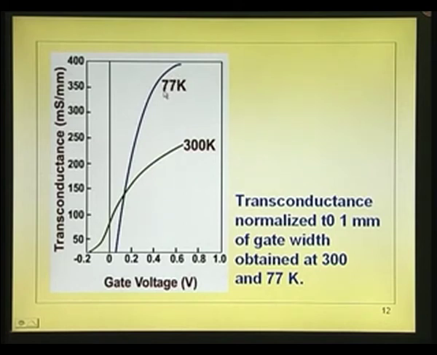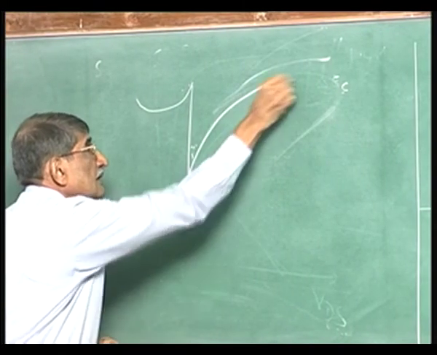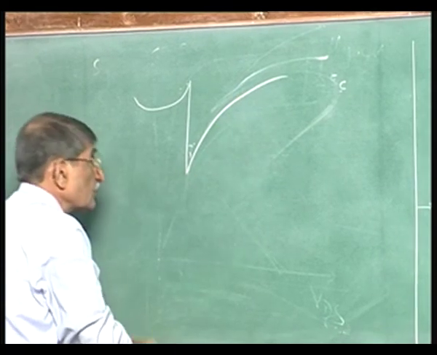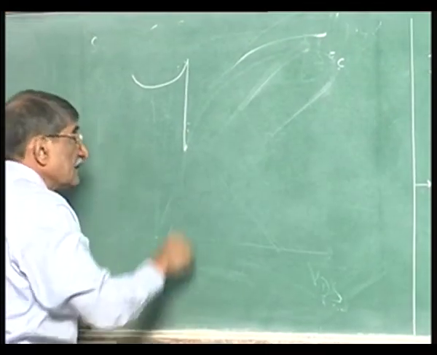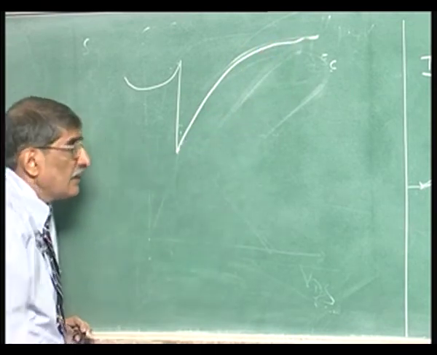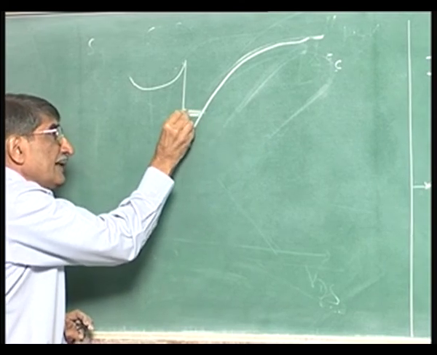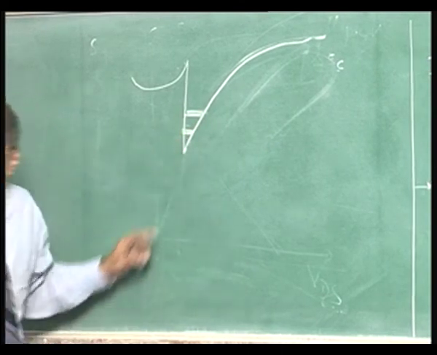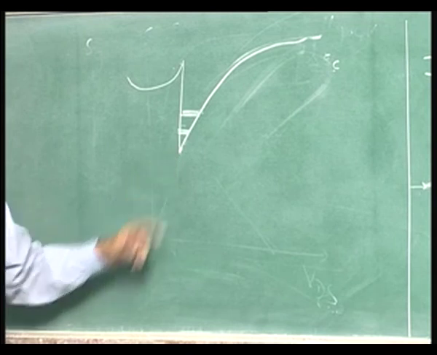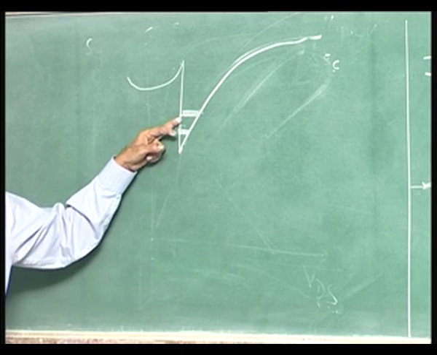That is because the electrons which are usually present here, as you go on to higher and higher VGS, you are going closer and closer to that, and the electrons have got two subbands. Okay. It will fill up these levels first, it will go to these levels afterwards.